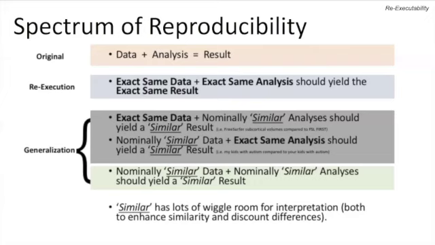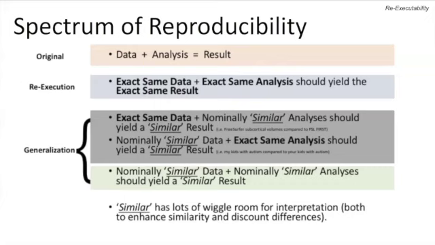If you used similar data, if you use more data, if you use less data, if you use other people's data of a similar population, does the result hold or not? How sensitive is your result to the details of the exact data set that you're putting into that analysis?